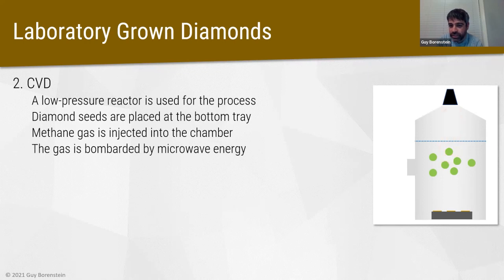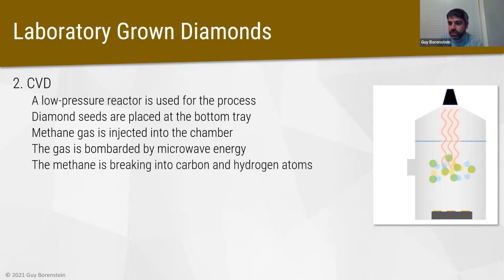When we are microwaving it, it's like throwing a cricket ball at these molecules, and they will be broken back into their parts and go down into a cloud that's surrounding the seeds. This cloud is called plasma. It's a very high heat, very energy concentrated area.